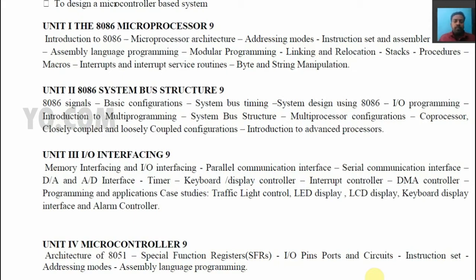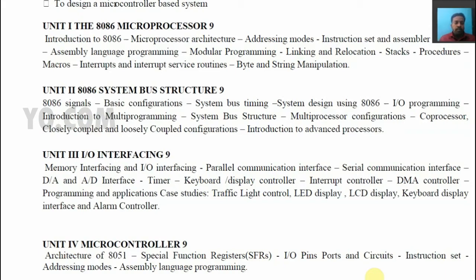Then timing and system bus timing: how the system bus is working, how the system bus clock is working, how time delay is generated. Then how to program the system bus. And then multiprogramming and the multiprocessor configuration, then the co-processor. These are the important topics we are going to study in unit 2.